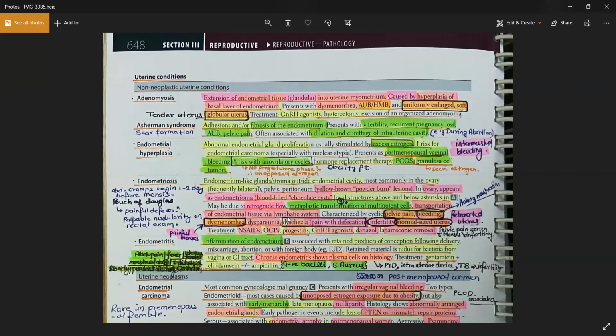So it is kind of a metastasis. These tissues travel through the lymphatics to other tissues, lodge there, and form their endometrium and glands there.